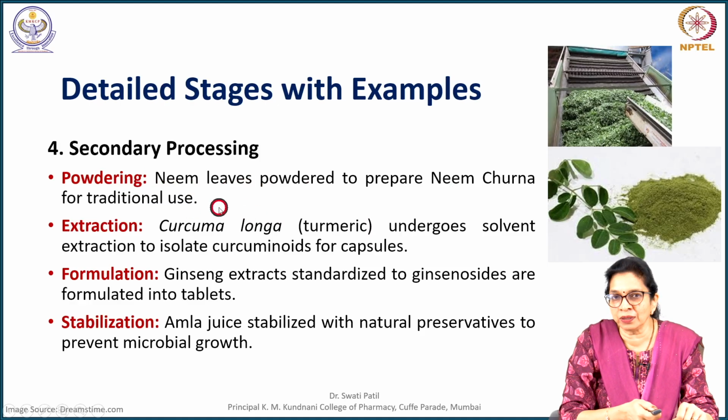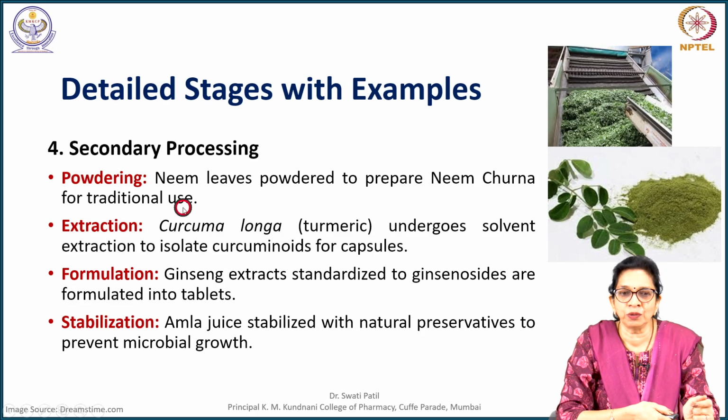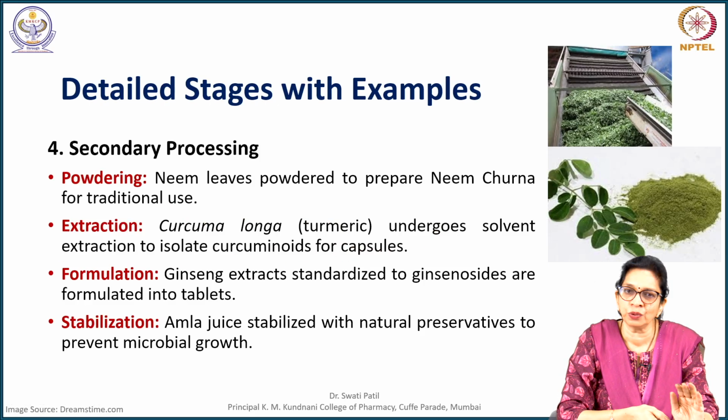This powder can be directly used as a formulation, or these powders can be further subjected to extraction. Powdering and maintaining uniform particle size enhances the extraction and leads to optimum extraction of the active constituents from the herb. For example, Curcuma longa, which is turmeric, undergoes solvent extraction to isolate curcuminoids, which later are formulated into capsule form.